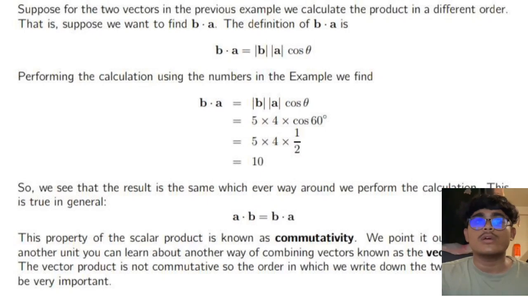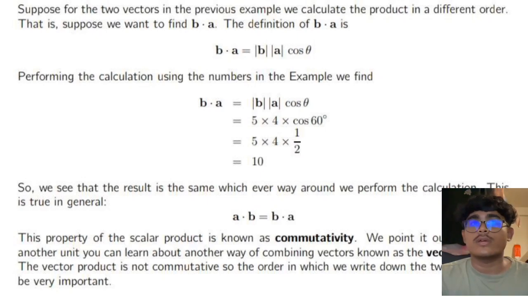Performing the calculation using the numbers in the example, B·A equals 5 multiply 4 multiply cos 60 degrees, equals 5 multiply 4 multiply 1/2, equals 10. So we see that the result is the same whichever way around we perform the calculation.